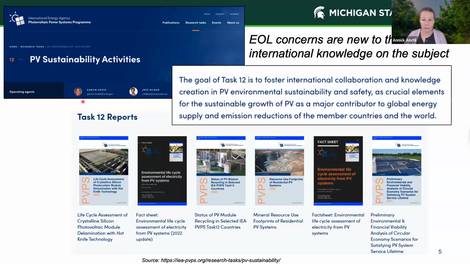This program is led by Garvin Heath from the National Renewable Energy Lab. So the US has always been the lead in that sustainability effort for solar. If you just look at the IEA PVPS program, Task 12 is all about solar and sustainability.